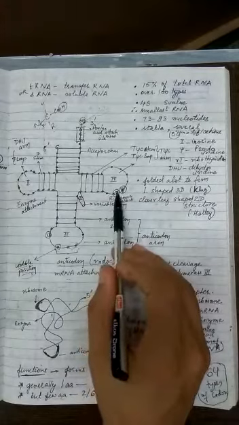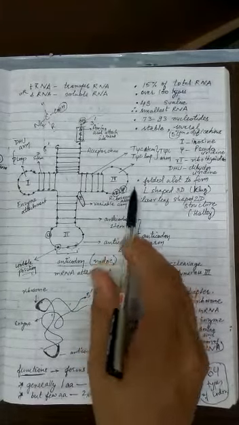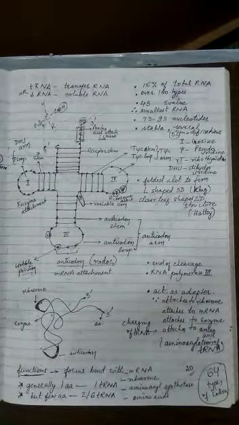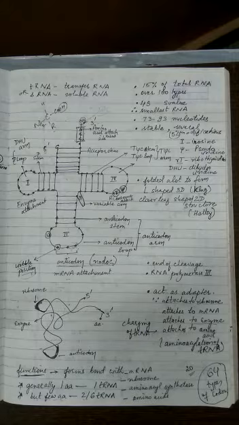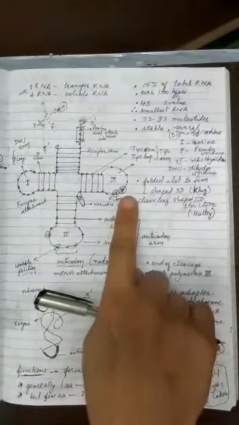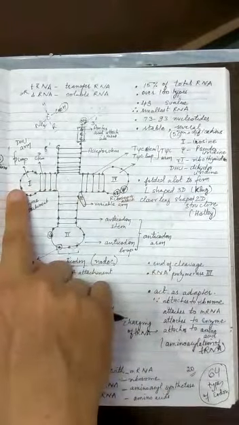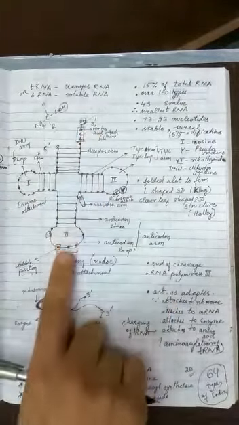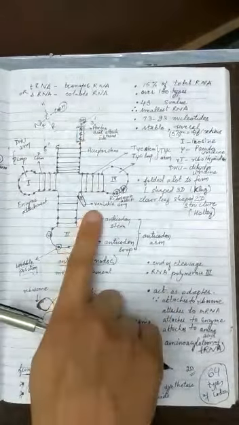That's why it is called the T-Psi-C arm. And remember, this arm is the binding site for the ribosome. So ribosome attaches here, enzyme attaches here, amino acid attaches here, mRNA attaches here. Now the variable arm.